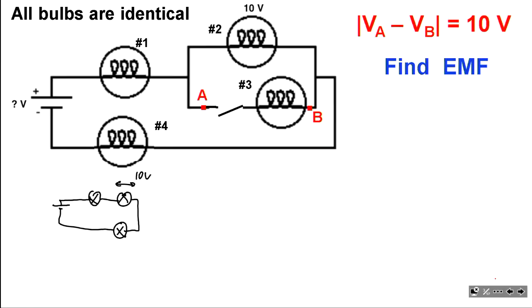Even if we don't know electric current, I. Still, because it is the same for all three bulbs, the voltage should be equal to I times R, same I, same R, same voltage, which means this has to be 10 volts, this has to be 10 volts, and now 10 plus 10 plus 10. The battery should provide 30 volts.